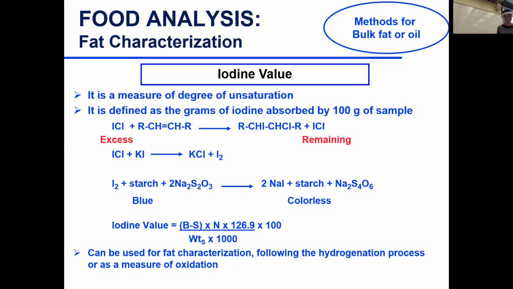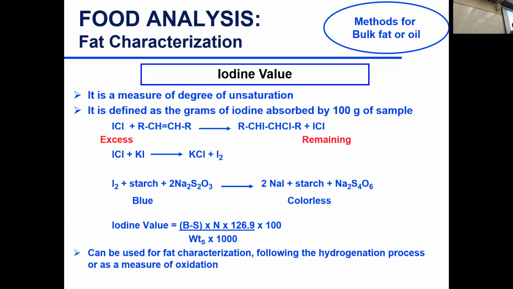So the more unsaturated our fat is, the lower our iodine value will be? No. Thank you, good question, but no, let's look at what we have here. We have blank minus sample, right? The blank will have all of the ICl, with nothing to react with.